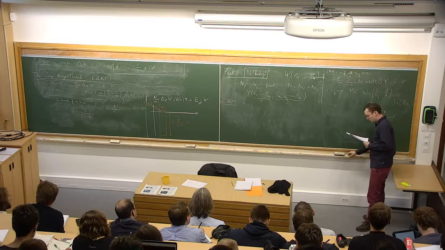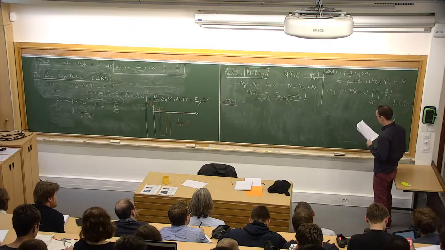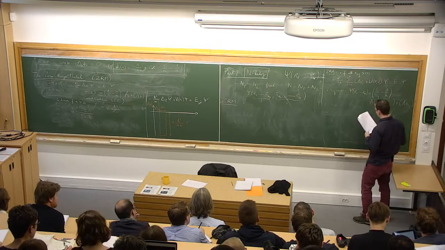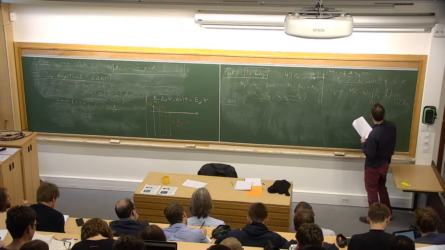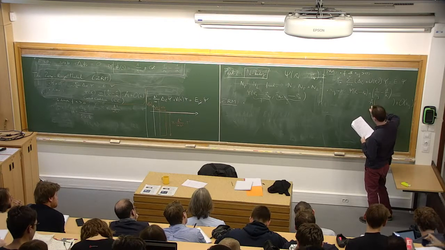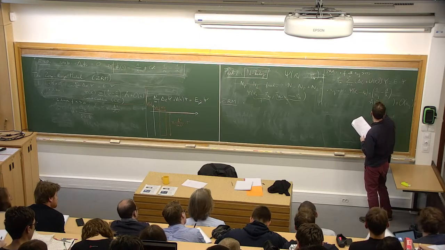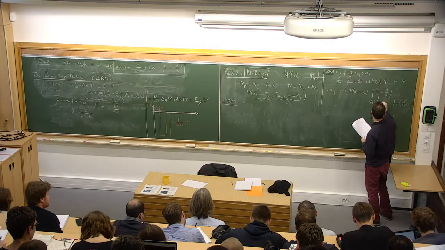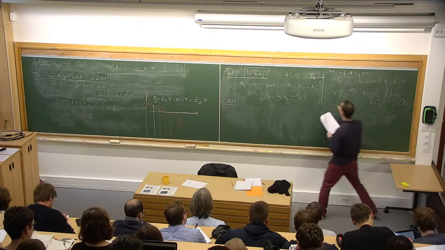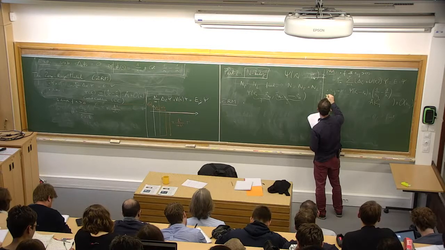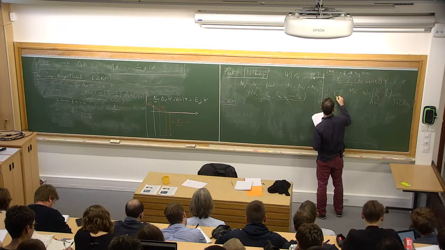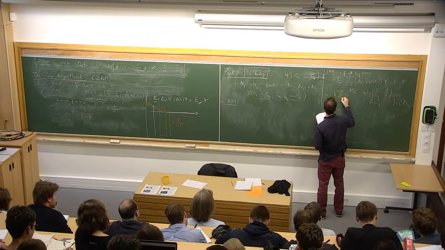This is maybe slightly pedantic, but to be really accurate, we should specify that this constant depends on the center of mass coordinate Cij. Here Cij is the center of mass of particles i and j, so it's Ri plus Rj over 2.